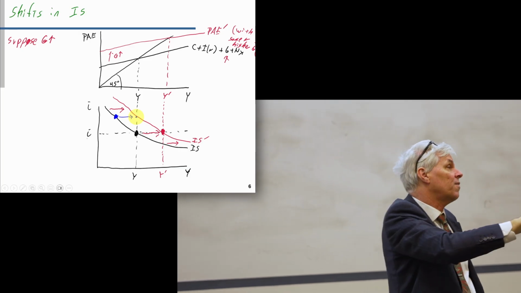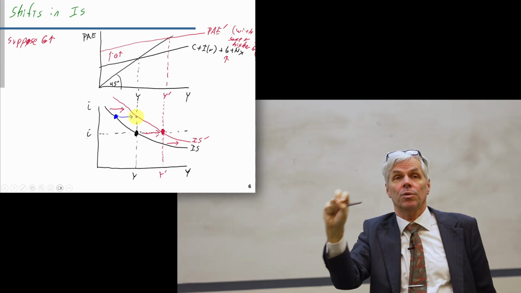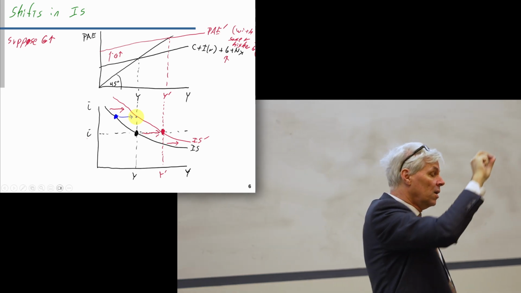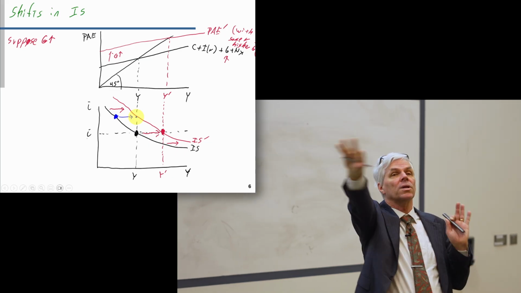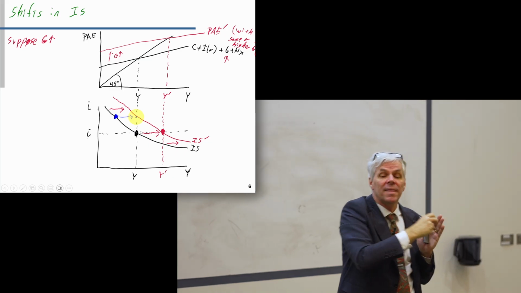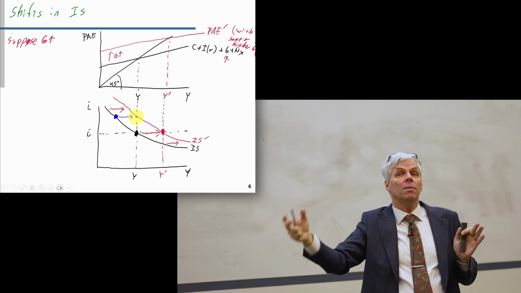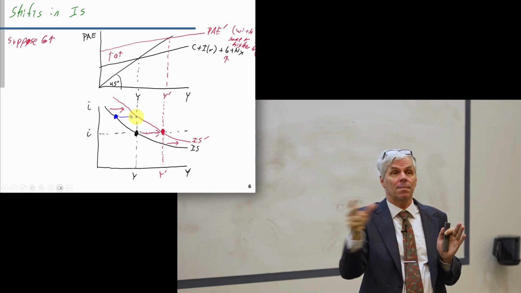Right? It's determined by the financial markets, and we wonder what level of output gives us equilibrium in the goods market. So our story is about the interest rate falling from the sky, from a totally separate market, but that's going to affect things in the goods market. How does it affect them in the goods market? Well, it shifts things right and left. It changes the amount of output that we have in this economy.